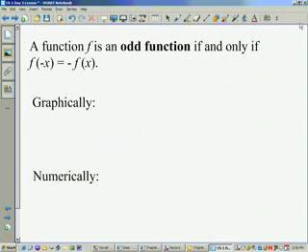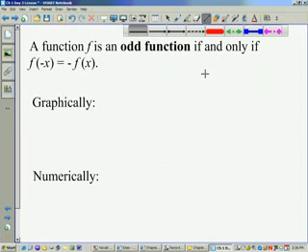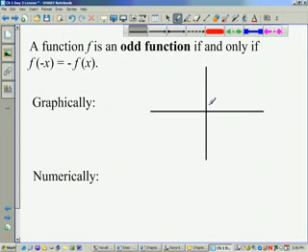Now, on an odd function, it's a little bit more difficult because the 180-degree rotation symmetry isn't as easy to see.